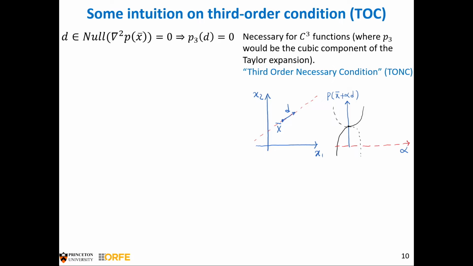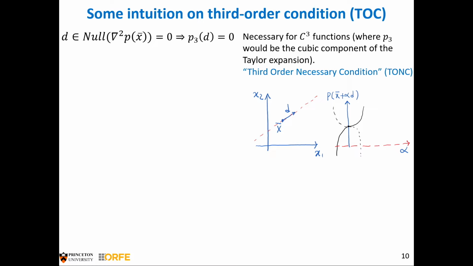So this is a two-dimensional picture, but this could be in R^n. I'm checking if x bar is a local min. I have a direction d, which is in the null space of the Hessian. So if I look at this univariate restriction of the polynomial where I start at x bar and move in the direction d, that univariate polynomial should look like this, because the quadratic term of the Taylor expansion is vanishing since d is in the null space, and the linear term vanishes because the gradient is 0.